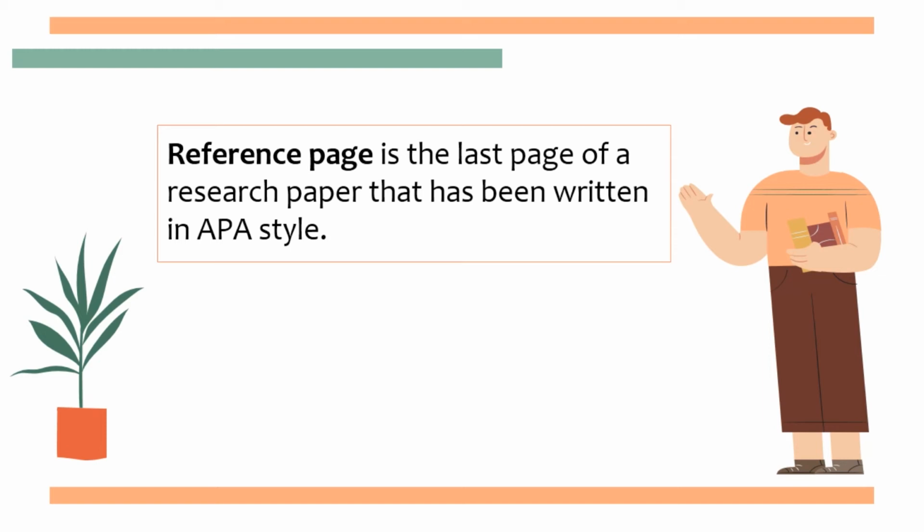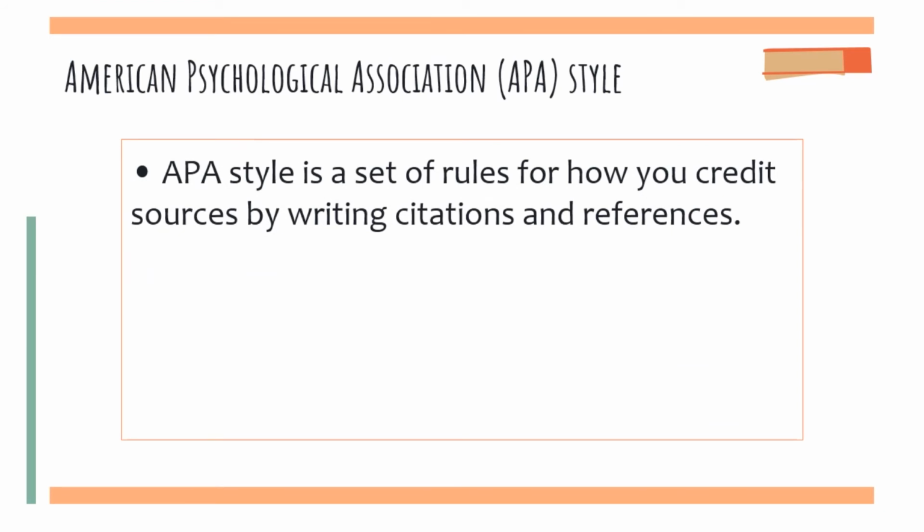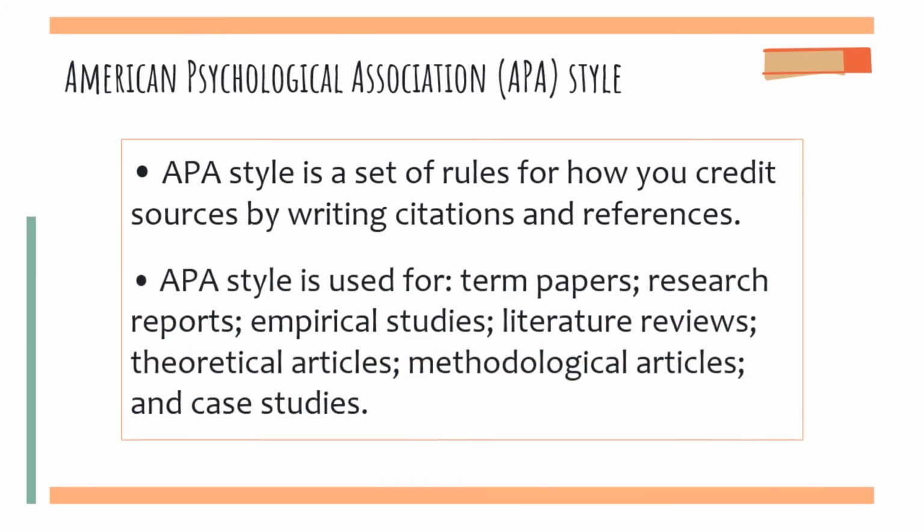Do you have an idea about APA style? APA style, or American Psychological Association, was developed by social and behavioral scientists to standardize scientific writing. It is a set of rules for how you credit sources by writing citations and references.